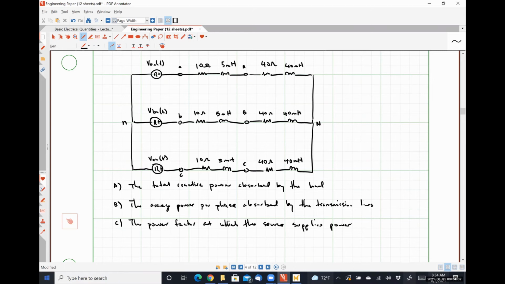So the three quantities that I am asking about are all RMS phasor domain quantities. So the first thing that we're going to have to do is convert our time domain circuit into an RMS phasor domain circuit, right? So if VAN of t is equal to 100 root 2 cosine 120 pi t volts, what is our RMS phasor voltage VAN?